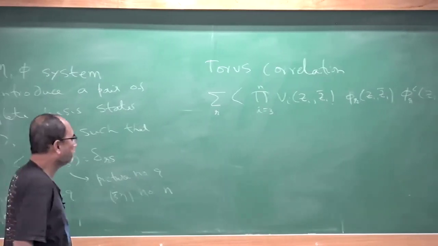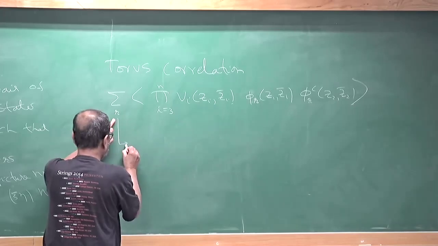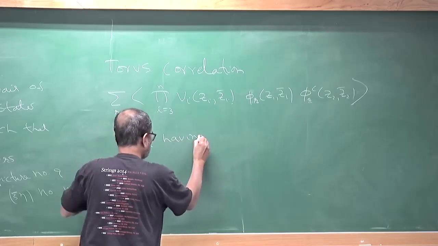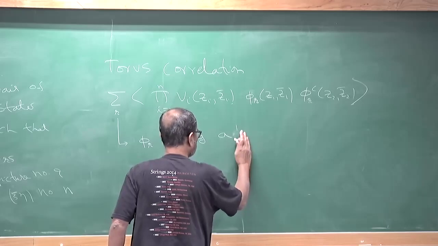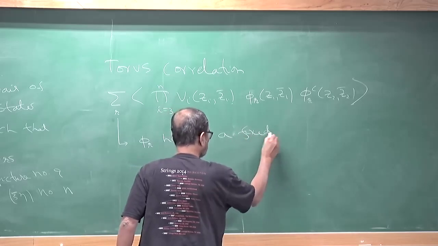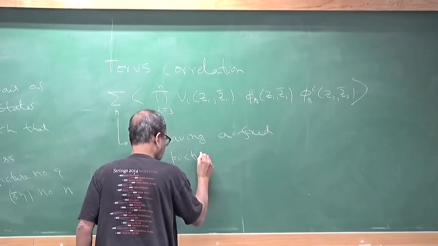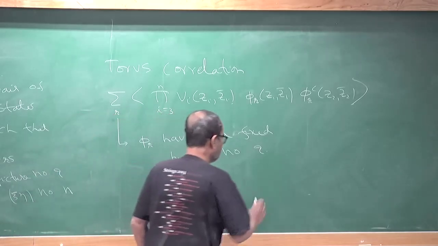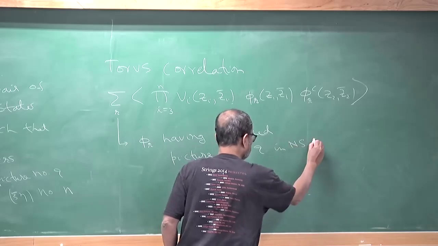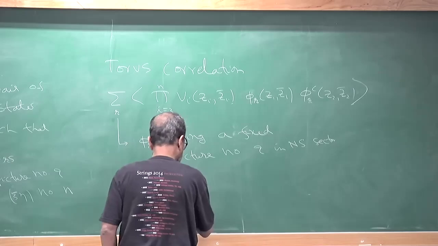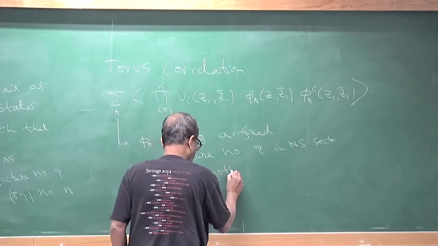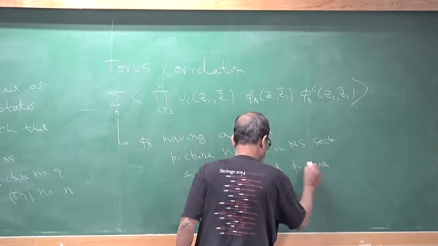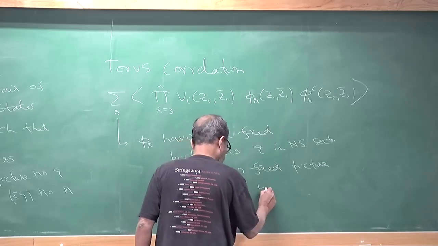And the difference is that this sum over R should be restricted to phi R having a fixed picture number Q in NS sector and another fixed picture number Q prime in R sector.